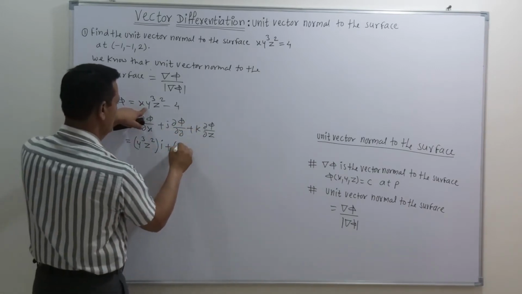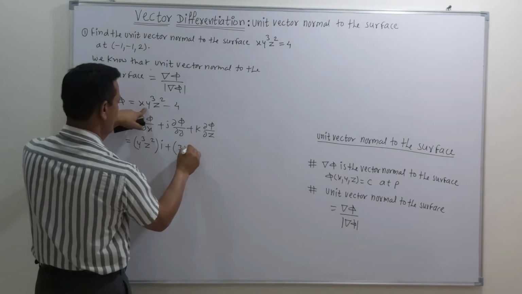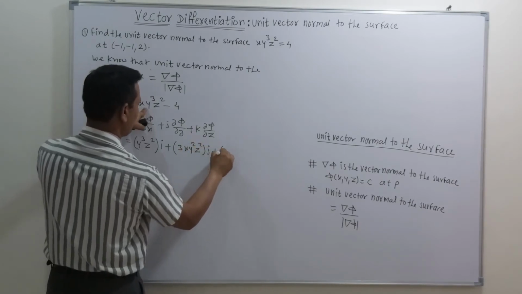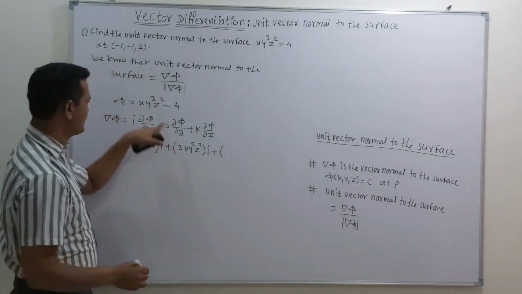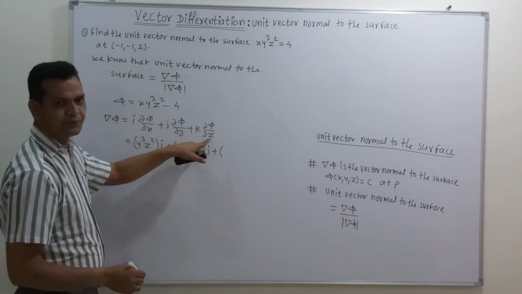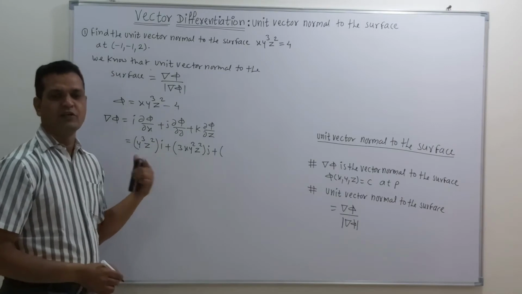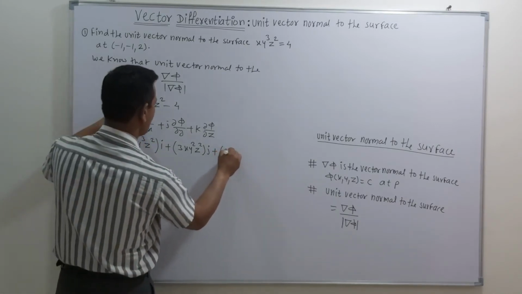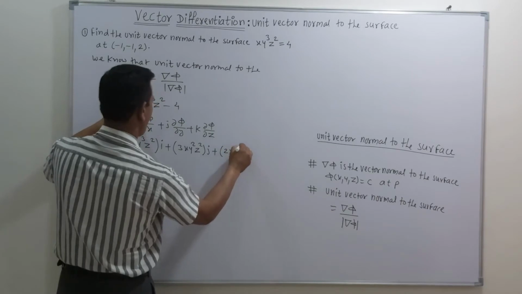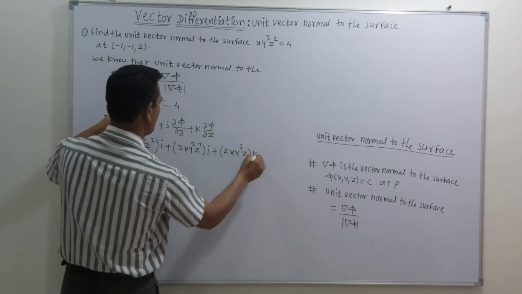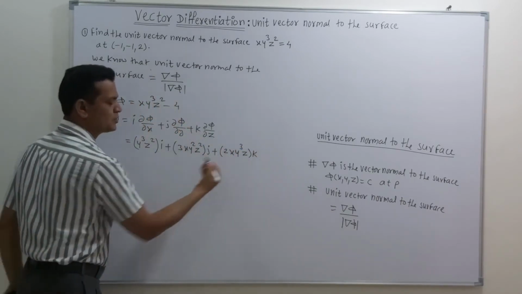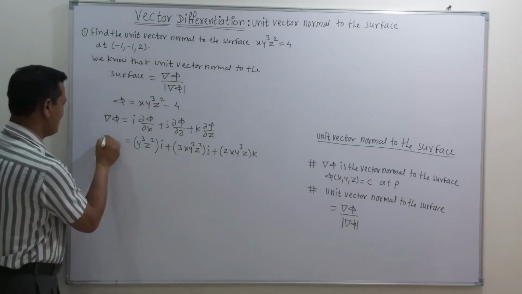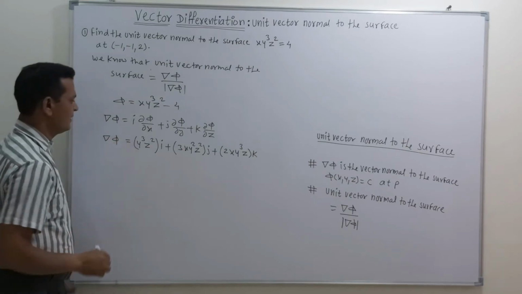Here y cube is there, so we get 3 x y square z square into j, plus the partial derivative of phi with respect to z. When we differentiate with respect to z, x and y are constant, so we get 2 x y cube z into k. The derivative of z square is 2z, and the remaining terms x and y cube stay as they are. So this is the value of del phi.